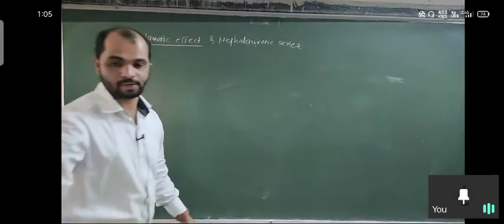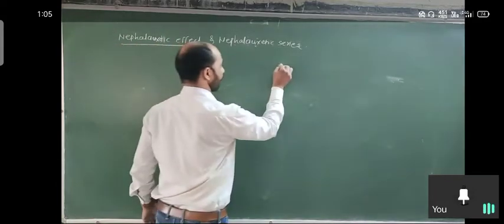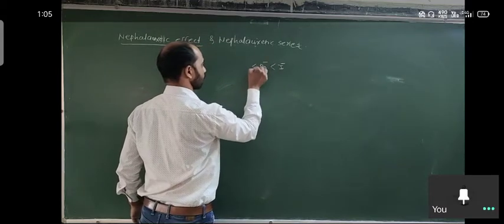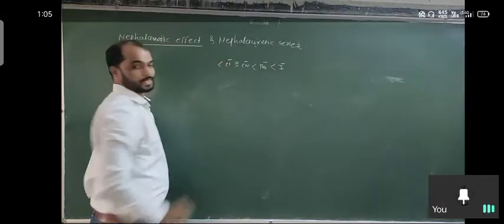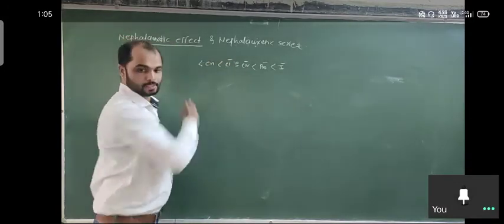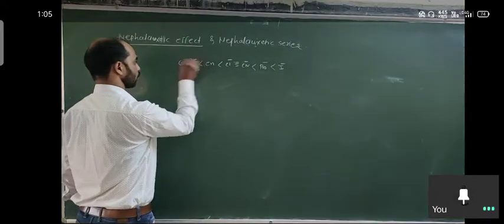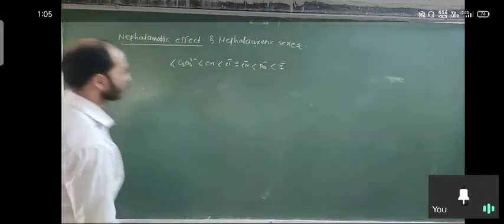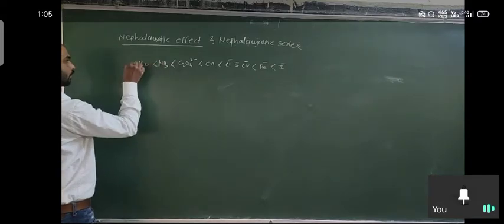So here the ligands are arranged like that. I minus is greater than Br minus, then CN minus is equal to Cl minus. After this there is en, then C2O4 2 minus, then NH3, H2O, and then F minus.